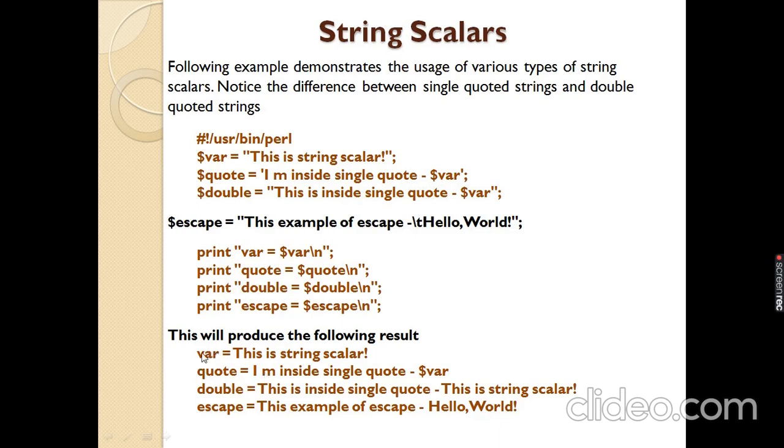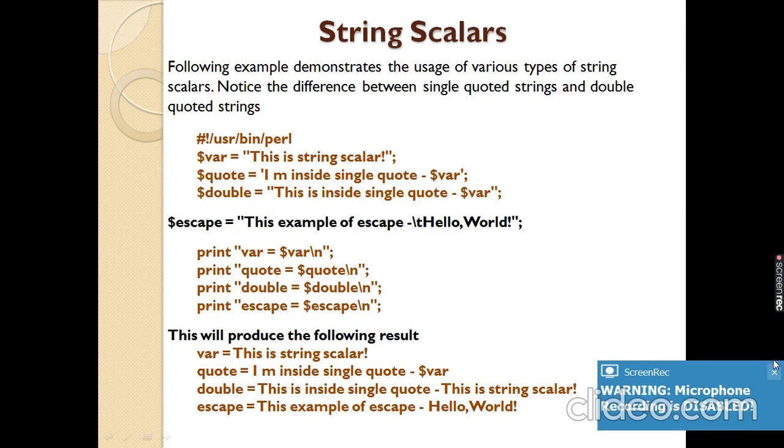At the bottom you can see the output, var, this is a string is going to be printed, because in double quote, as we have written, as usual it prints. When we print the quote and double, what will happen?